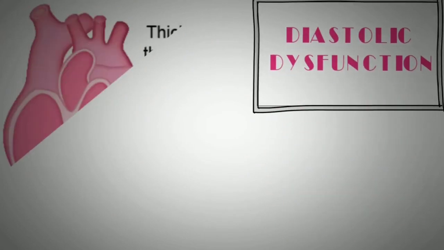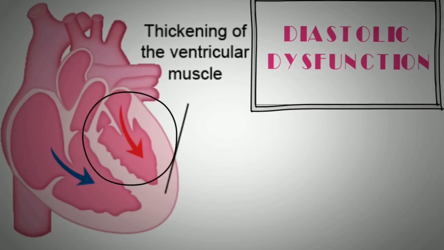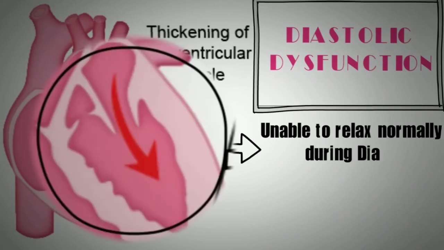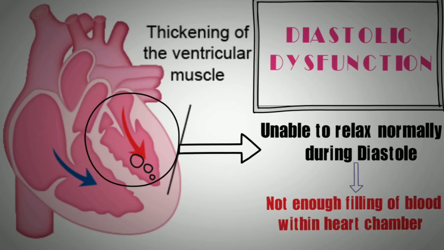Diastolic dysfunction occurs when the muscles in the left ventricle become stiff or the wall becomes thickened, due to which the ventricle is unable to relax normally during diastole. As a result, it can no longer relax. The heart cannot fill with blood between the beats, which will ultimately result in the problem of CHF.